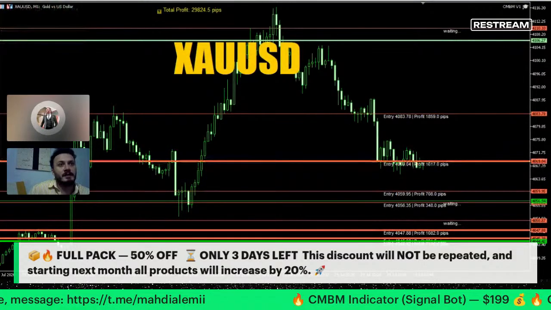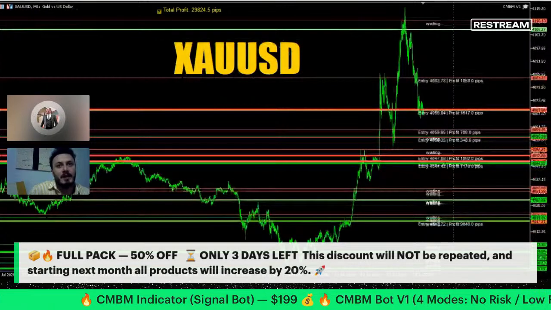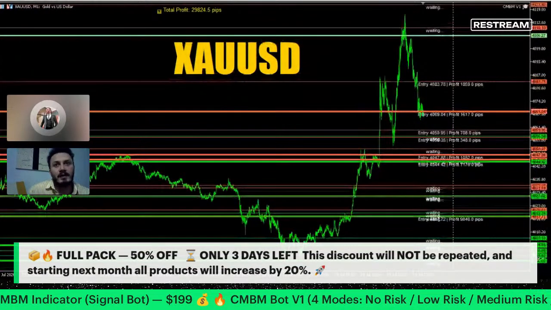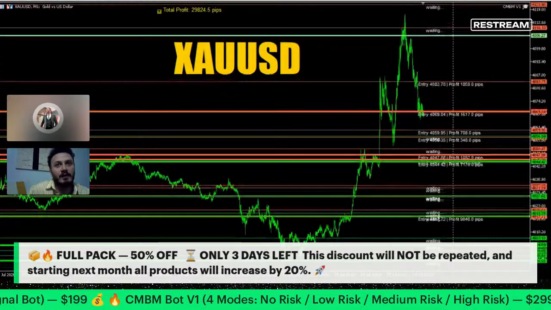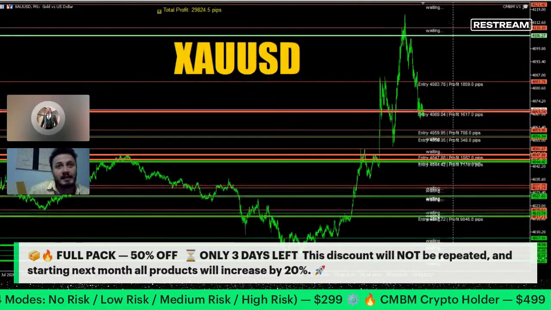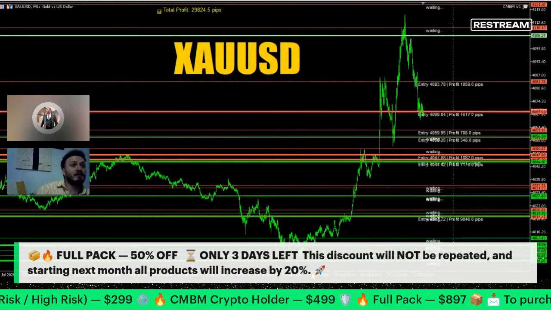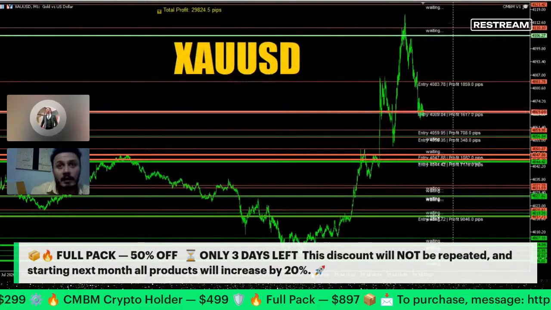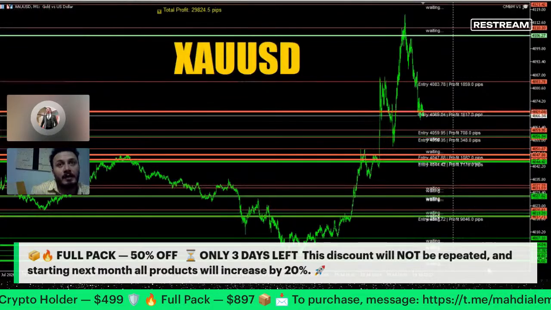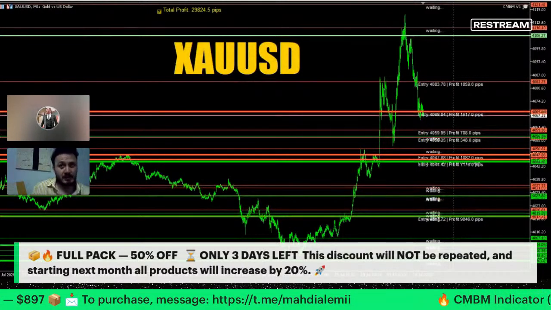So for example, with the CMBM levels, we knew 4005 and exactly 3996 here were set for waiting. On the CMBM Bot V1 automatic trade, we had a buy from 4005 and another from 3996 going up.